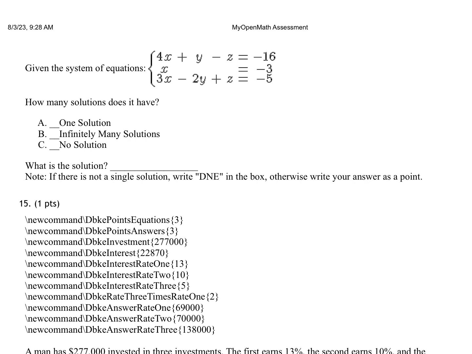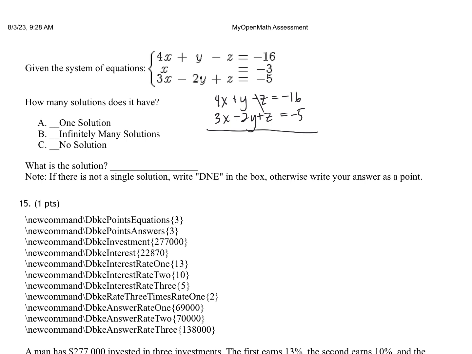So what you would want to do here is look at the first and the third equation and eliminate one of the other variables. So the easiest one to eliminate, so 4x plus y minus z equals -16, and 3x minus 2y plus z equals -5. So I'm going to look at the first and the last equations.